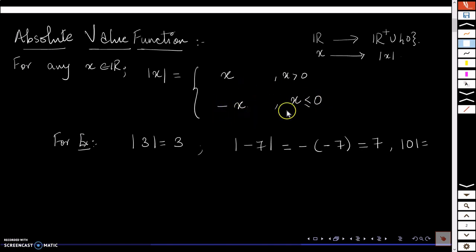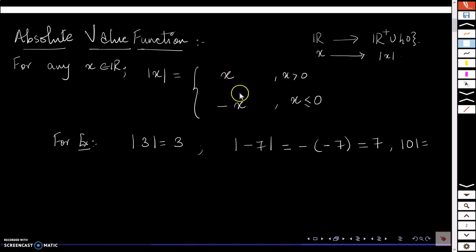Some books also put the condition x equal to 0 in the first case, and they say it is x when x is greater than or equal to 0, and it is minus x when x is strictly less than 0. Both definitions mean the same, because when you put x equal to 0 here, you get 0 in both cases.